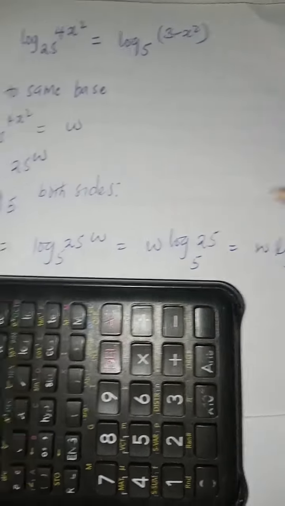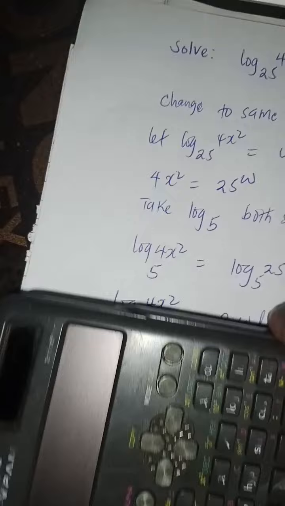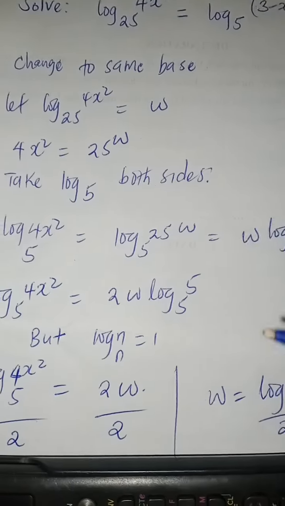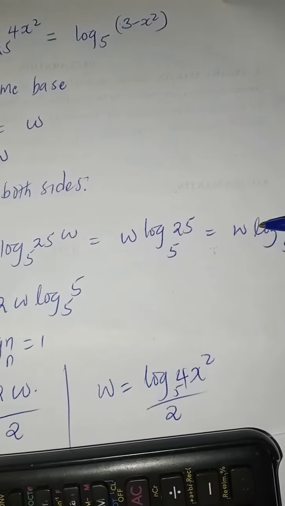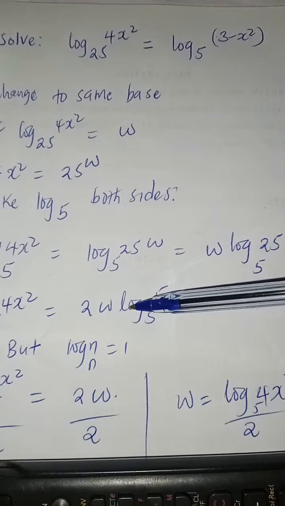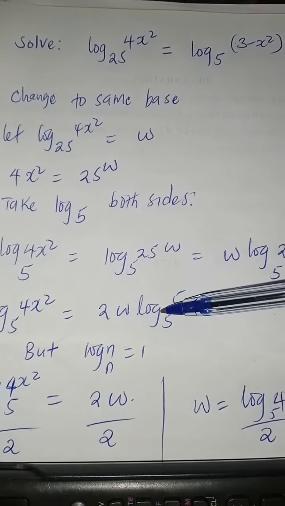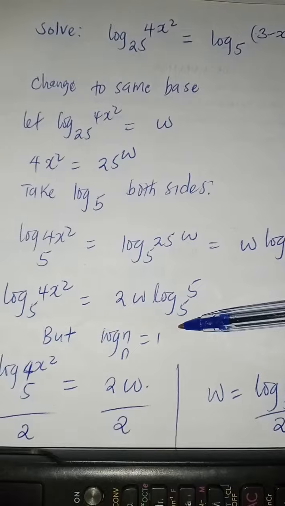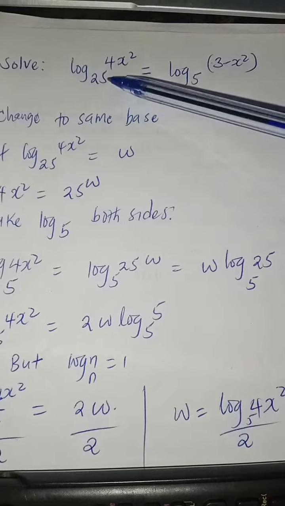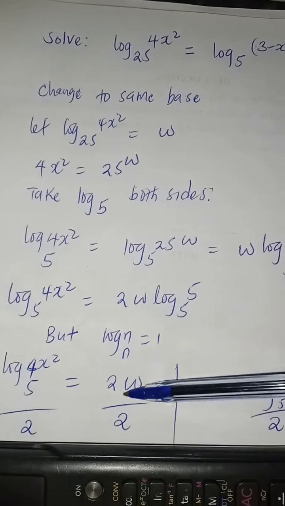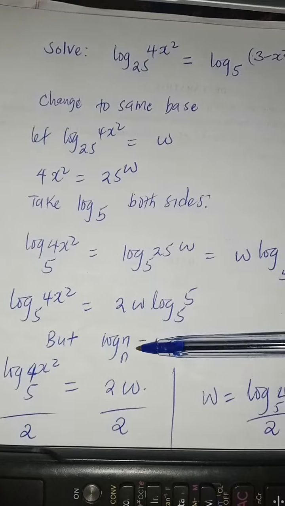So let's move and see how we can get that W. If we move again this 2 behind the logarithm, it will become 2W logarithm of 5 to base 5.